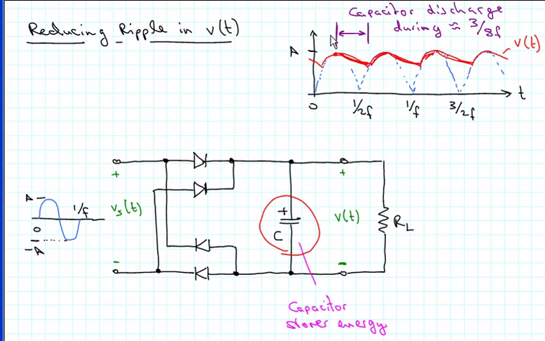And when you look at the timing of this, you can see that from here to here we are discharging, and then from here to here we are charging. So this is charge, and here is discharge.